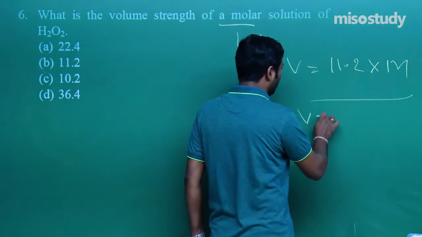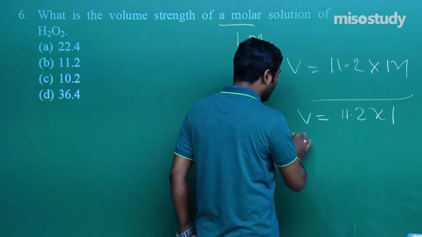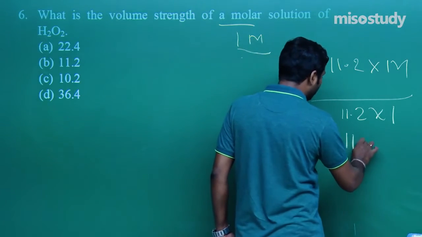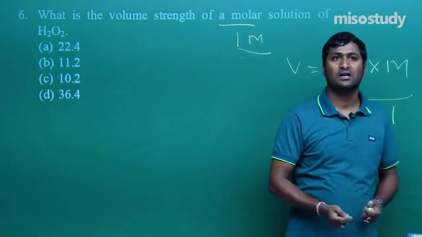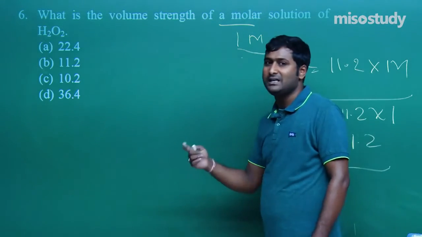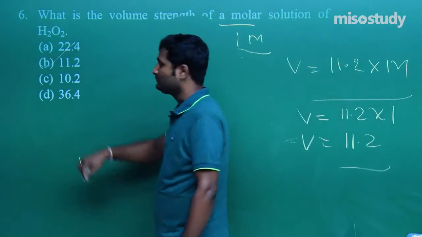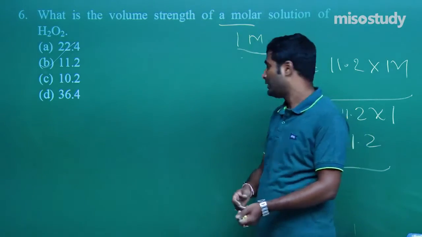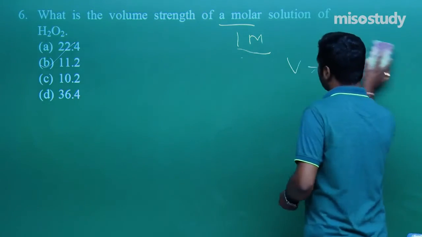Molarity is 1, so the volume strength is equal to 11.2. So the correct option is 11.2.